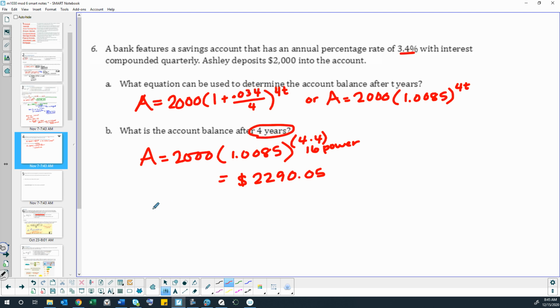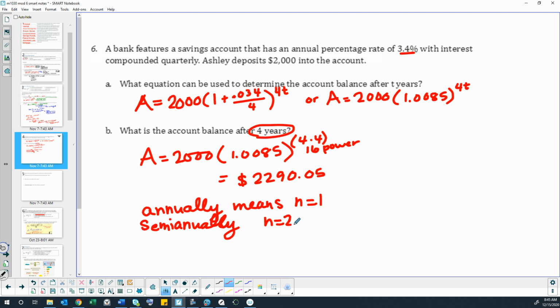Let's just kind of make a list really fast of what n would be for a few things. What if it says annually? What would that mean? Yeah, so n would equal 1, right? Semi-annually. I guess you could even do biannually, but that would be every 2 years. Let's not do that.